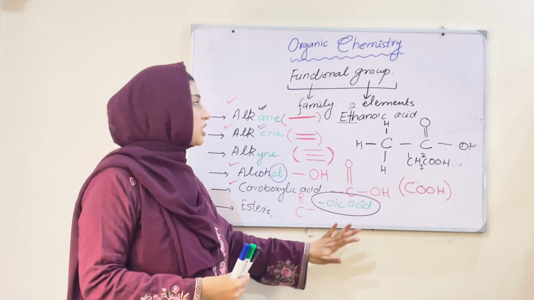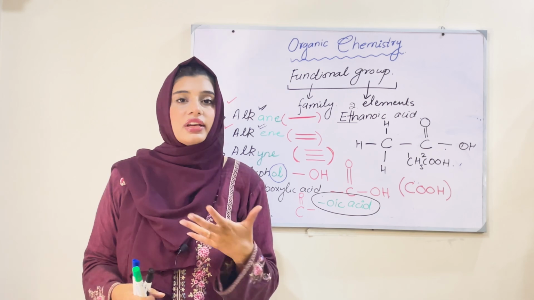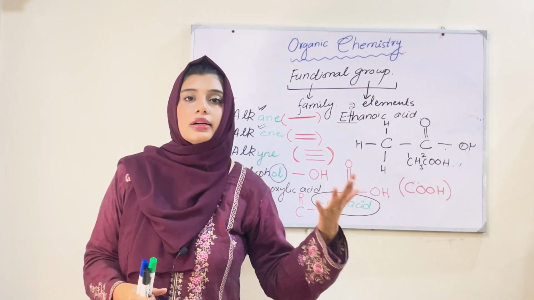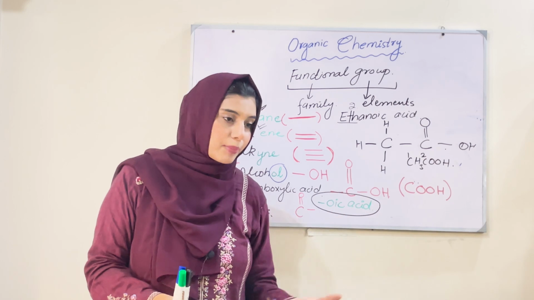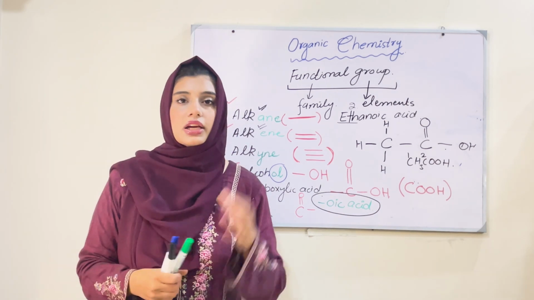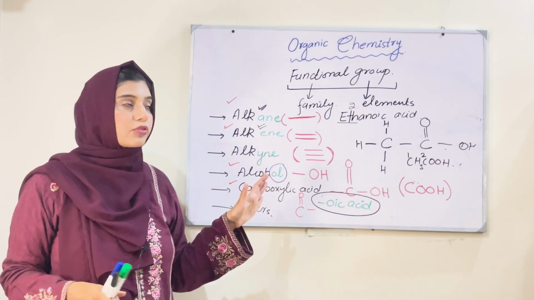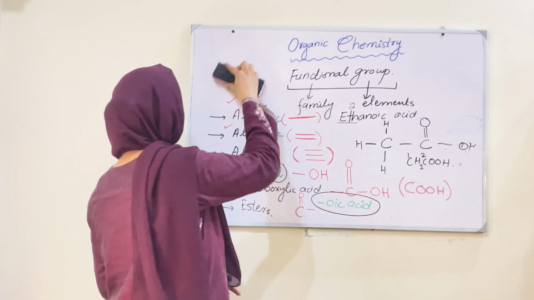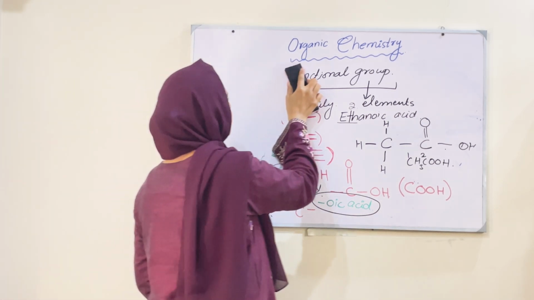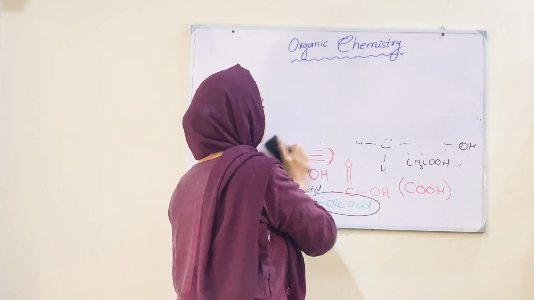If these basics are clear to you, then it will be very easy for you to learn more organic chemistry and deep concepts, and how the reactions happen. So I hope this was helpful for you. Now I am going to write some practice questions for you. You have to draw the functional groups.